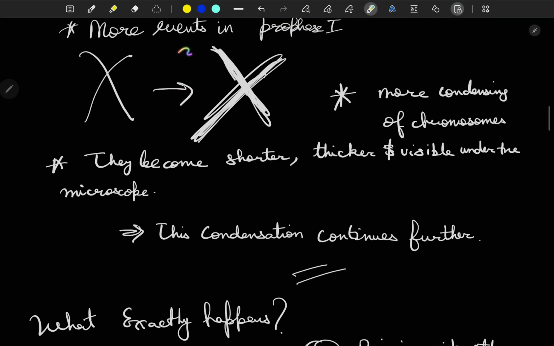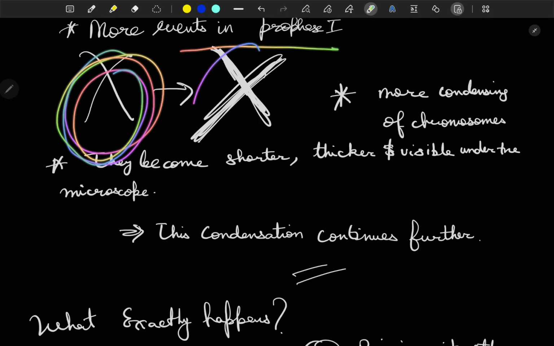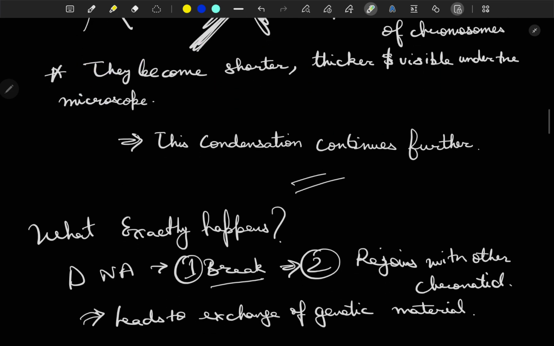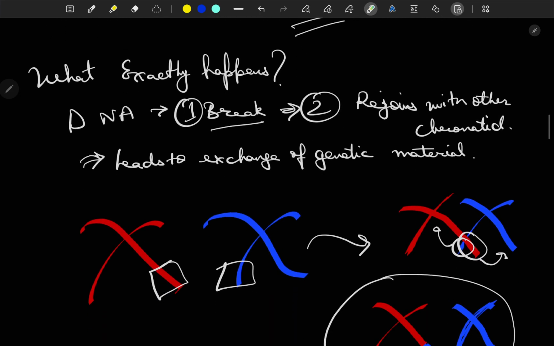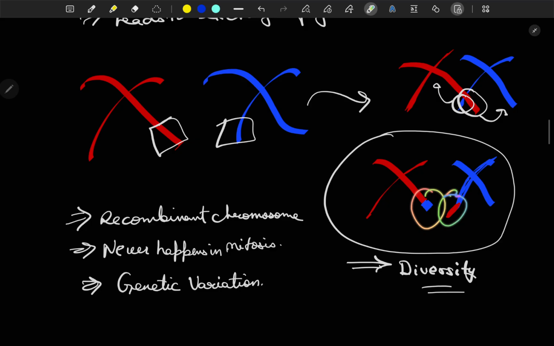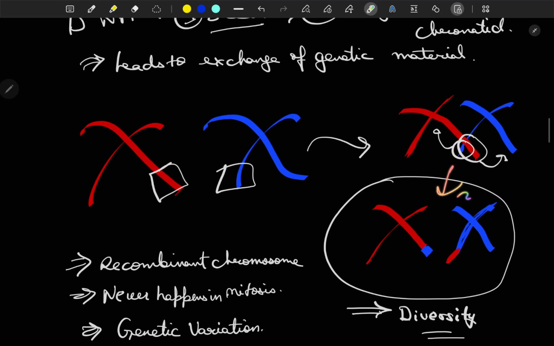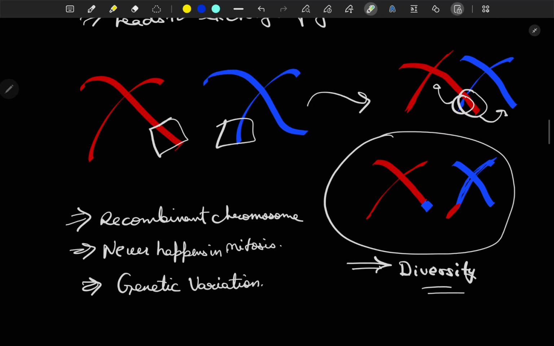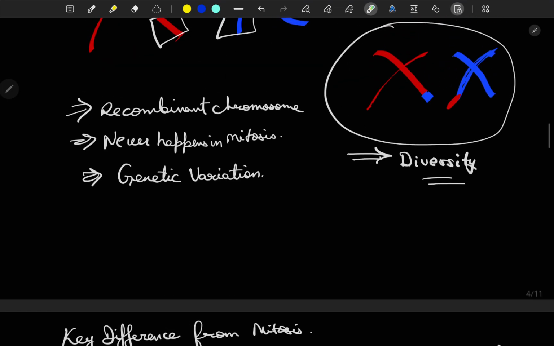I have written it down for you also: the chromosomes, which were shorter, become thicker and visible under the microscope. Basically, I told you, DNA breaks down and rejoins with the other chromatid, leading to exchange of genetic material, like here. And furthermore, it will exchange further in the next phases. You will see that.